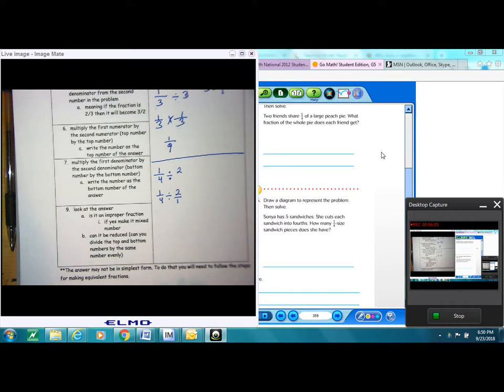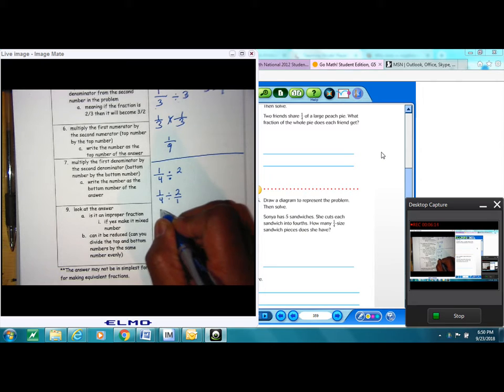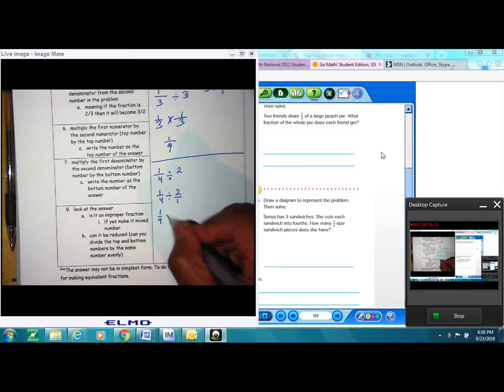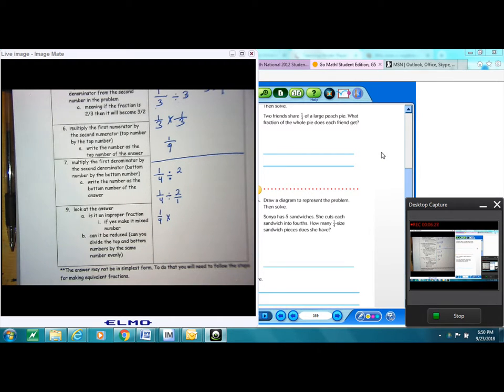If you've been paying attention, the first thing you need to write is, I hope you said rewrite that first number, that first fraction. The next thing you need to do is, I hope you said change this division sign to a multiplication sign. The next thing that you need to do is, I hope you said flip this fraction.